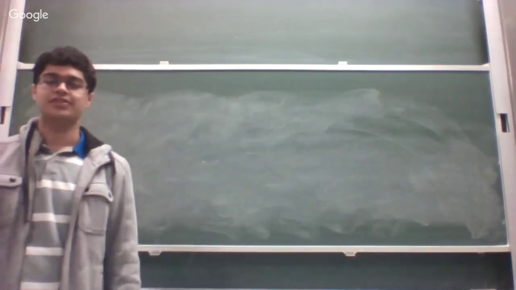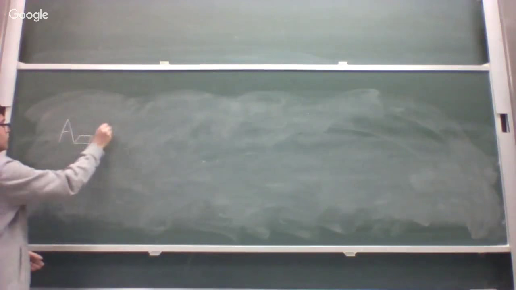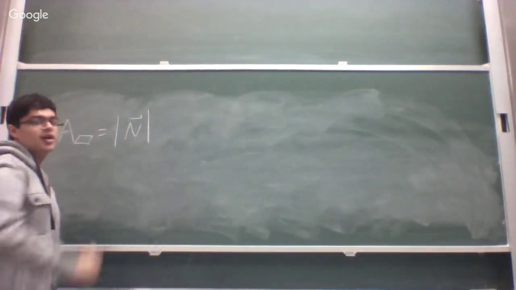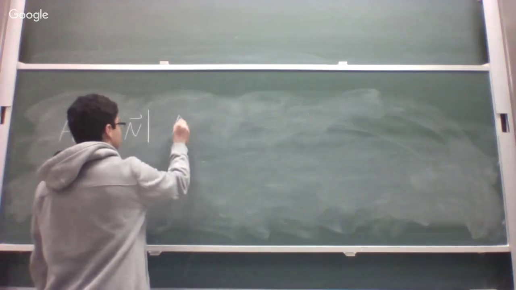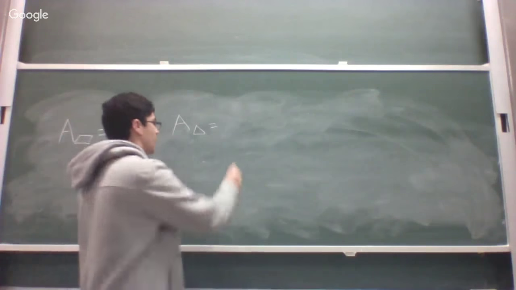This is just something that you guys will have to remember. The area of a parallelogram is equal to the magnitude of the n vector. Area of a triangle will be what? 1/2 of that.